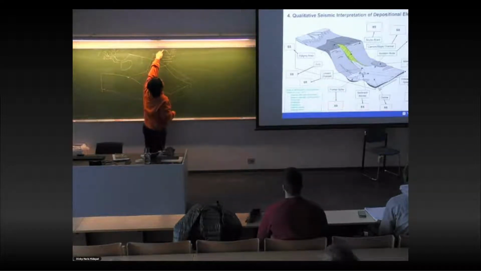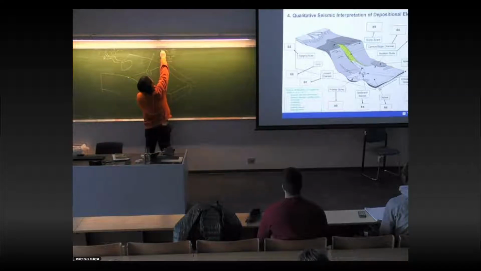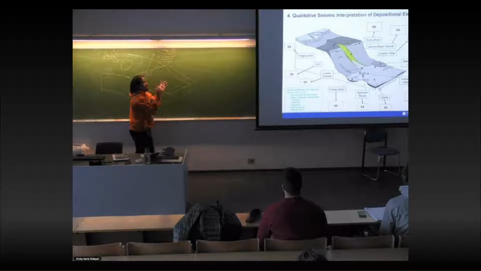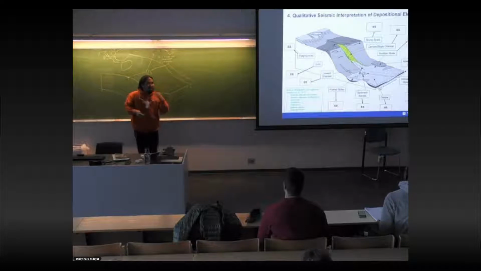In this surface here, normally you will have quite a strong amplitude because it's a cut. The surface is cutting everything here, and it's a mixture of the formations below. So it's a mixture of everything.